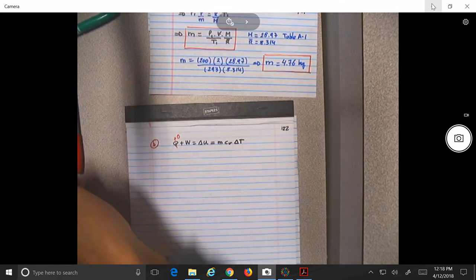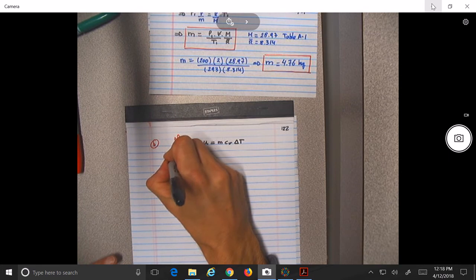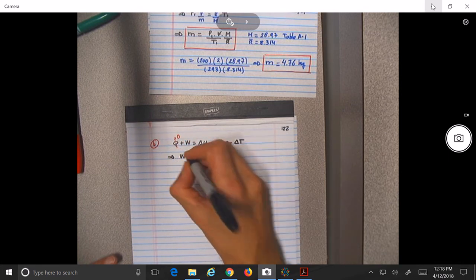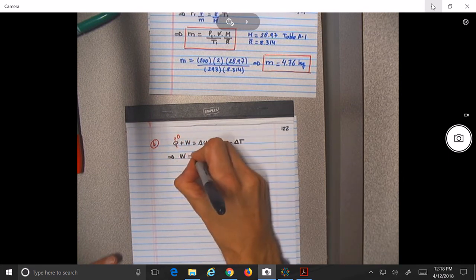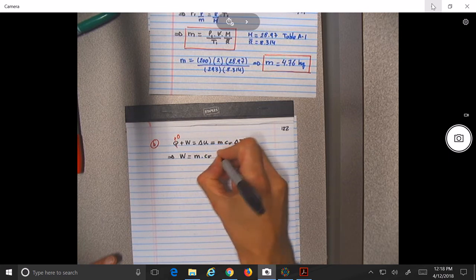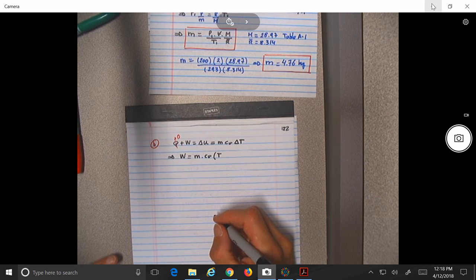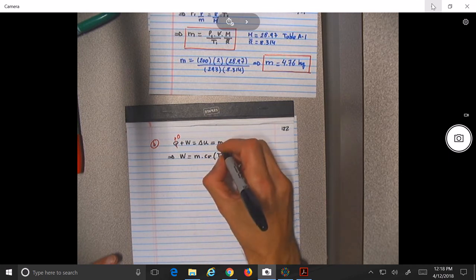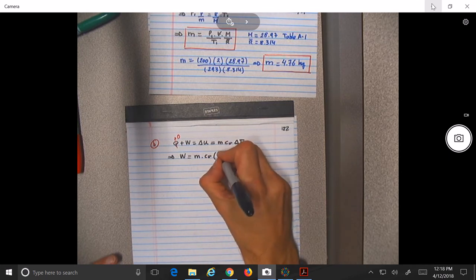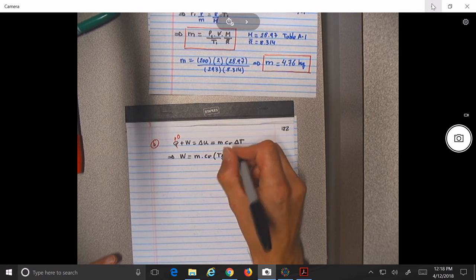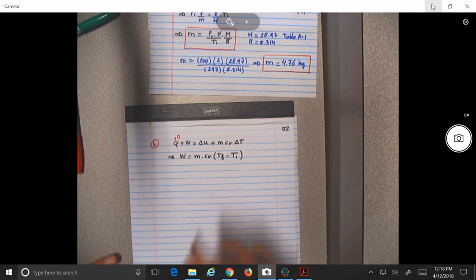So from that equation, we can get that work would be equal to what? mCV times T final minus T initial, which is T1, no?